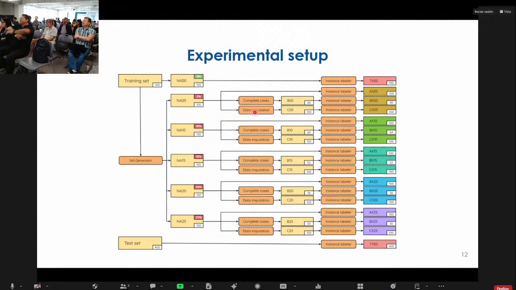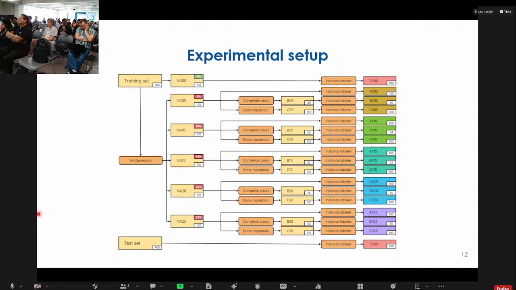Next, here we can see the complete cases and the data imputation. The complete cases module keeps only the complete cases. So in this scenario, with 5%, the complete cases were 80%, so we have a different number of instances.